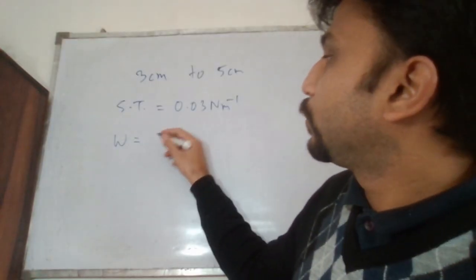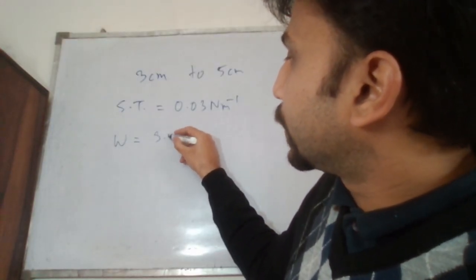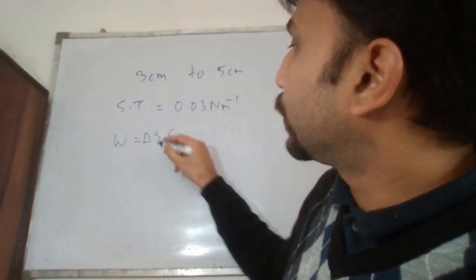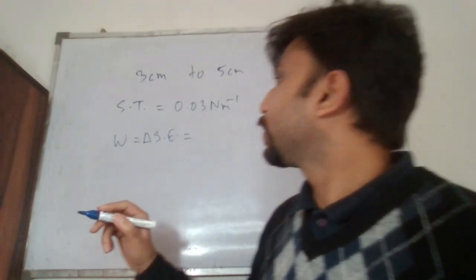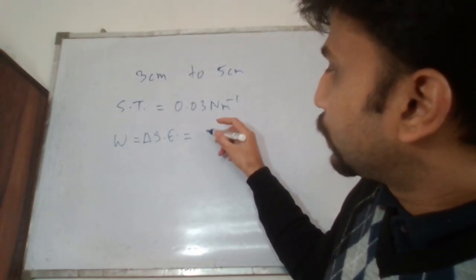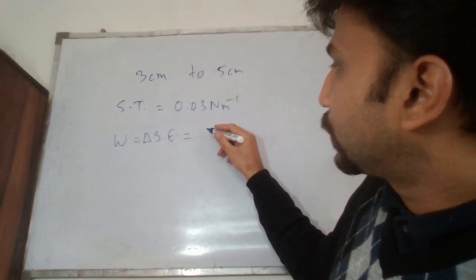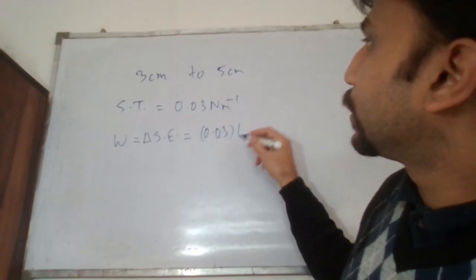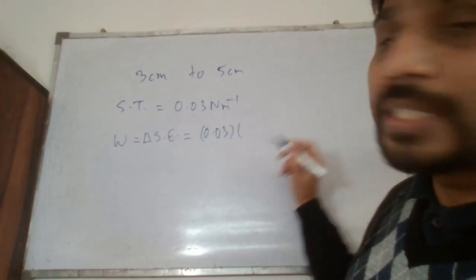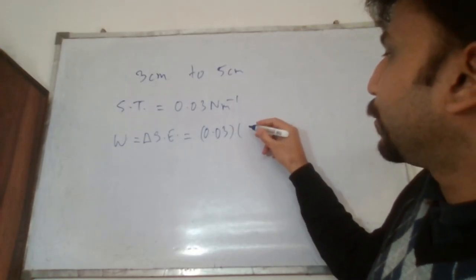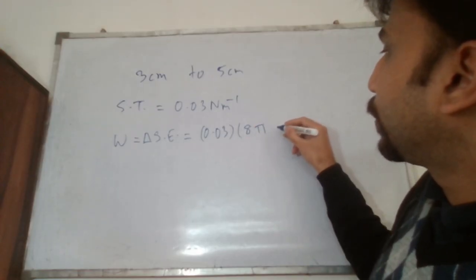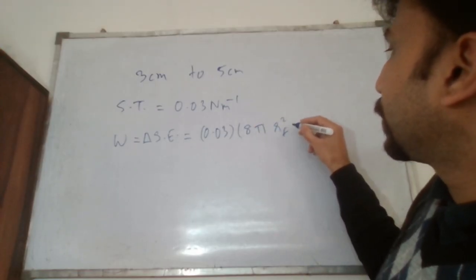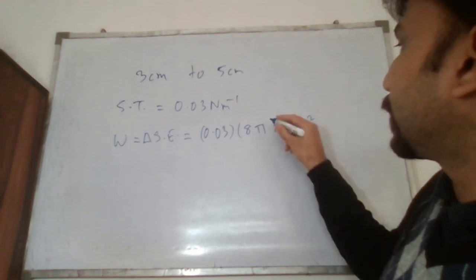Work done is equal to the change in the surface energy, which is equal to surface tension 0.03 into the change in the surface area. So that would be 8 pi times r f square minus r i square.